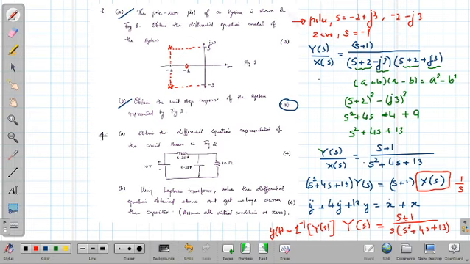Now let's discuss question 4. Obtain the differential equation representation of the circuit shown in figure 2. So this is something you have studied in circuits and network. What you need to do is, if you have an inductor, you write it as Ls. And if you have a capacitor, you write it as 1 by Cs.